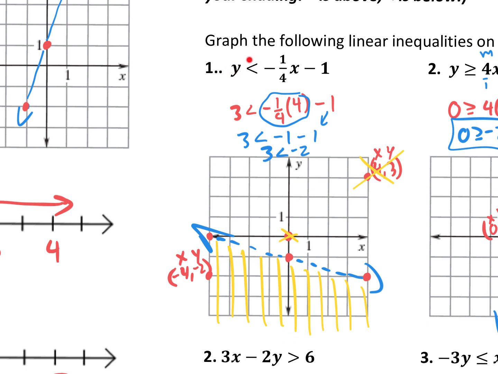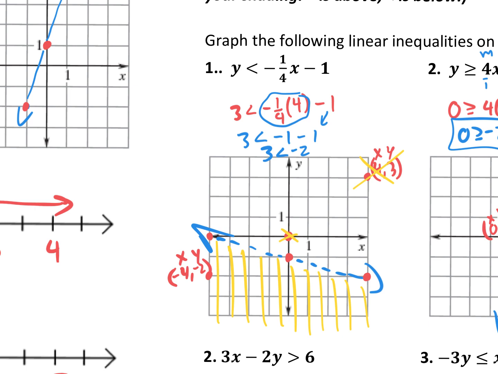This says y is what? Less than. On the y values, is less than above or is less than below? It's below, right? So just by having y by itself and it being a less than, I know I'm going to have to shade below the dotted line. So you don't actually even have to test 0, 0.